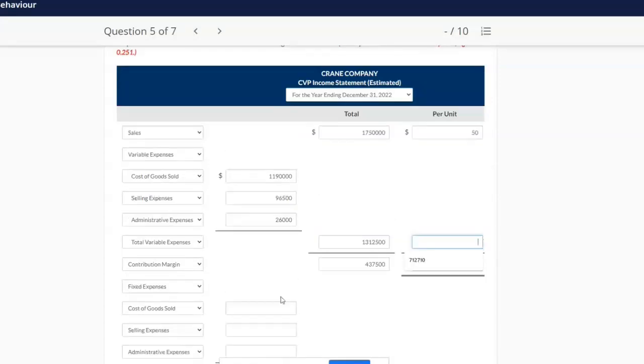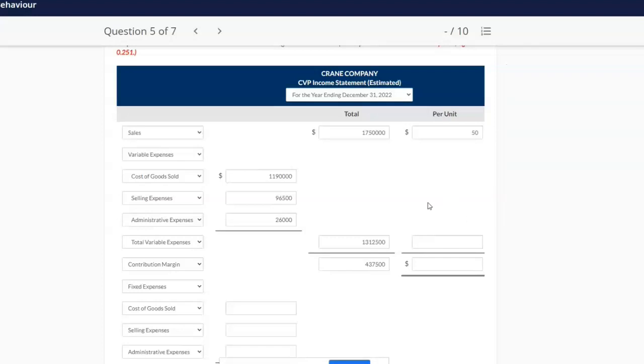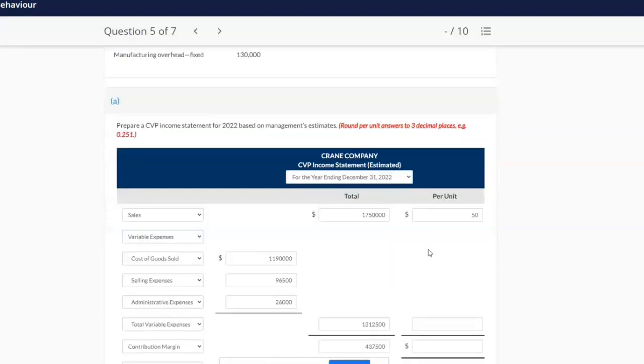Okay, how do we get this percentage? The variable cost ratio. Or you want the unit, per unit. We divide 1,312,500 by the number of units.